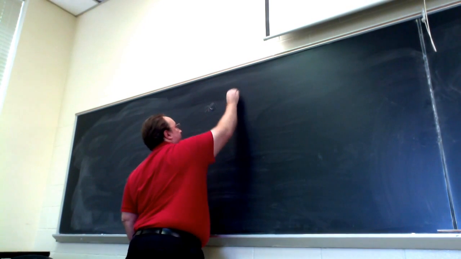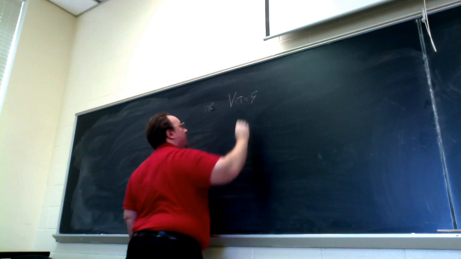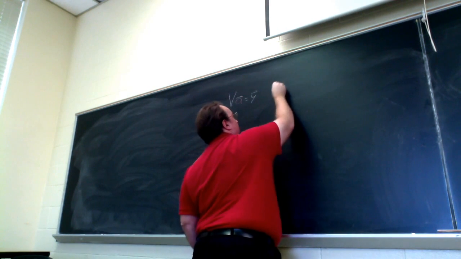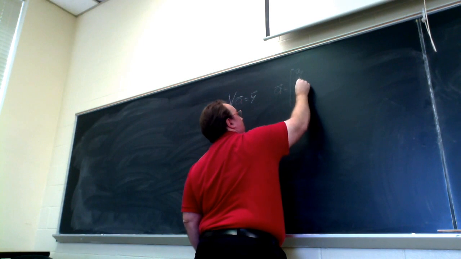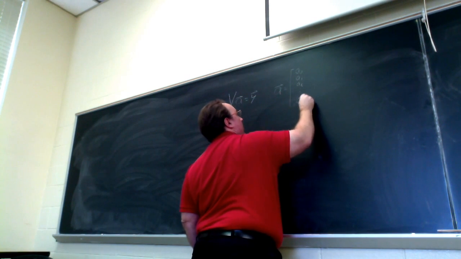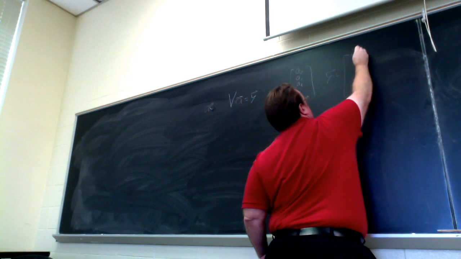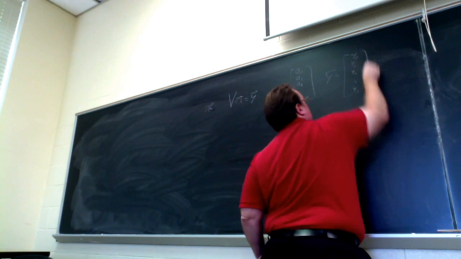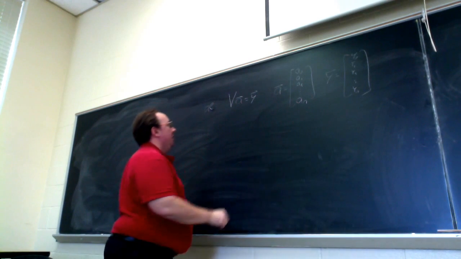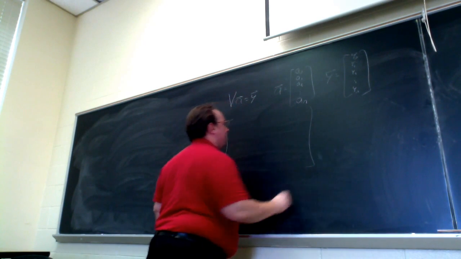Write this as V A is equal to Y, where A is the column vector of all the coefficients, and Y is the vector of all the y values, and V is an n plus 1 by n plus 1 matrix.